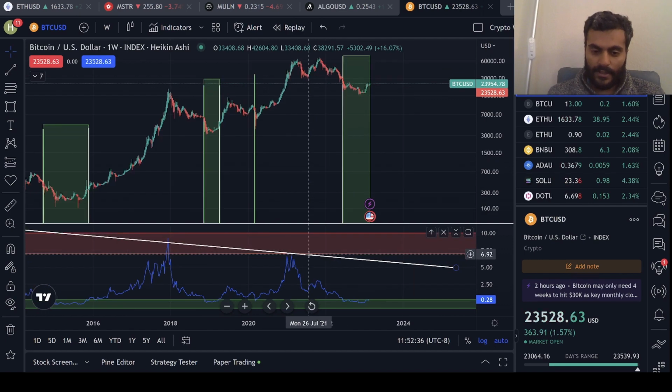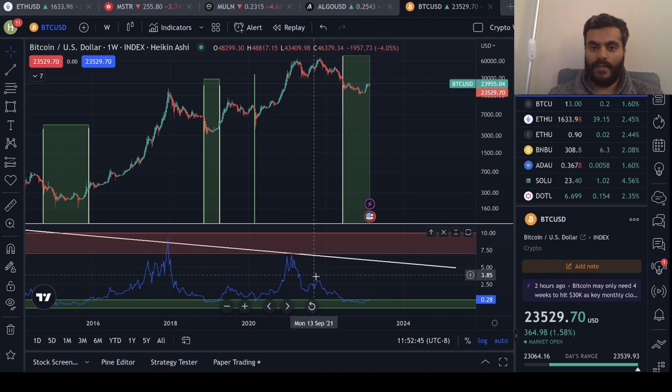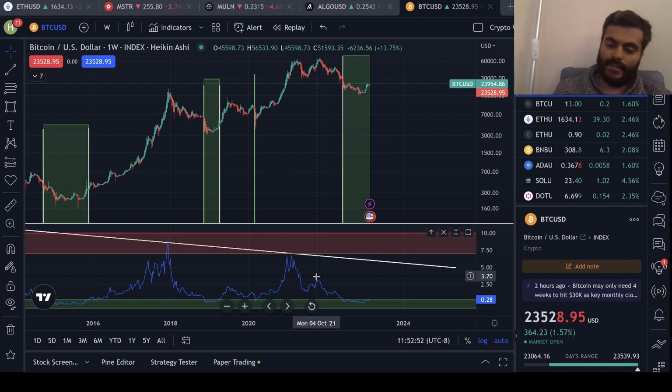The Z-score barely touched this band before the price began to decline. And even though in the second half of the year the price grew, because the difference between the market price and the realized price was not that high, MVRV Z-Score did not provide a signal to the market participant that this is the time to sell.